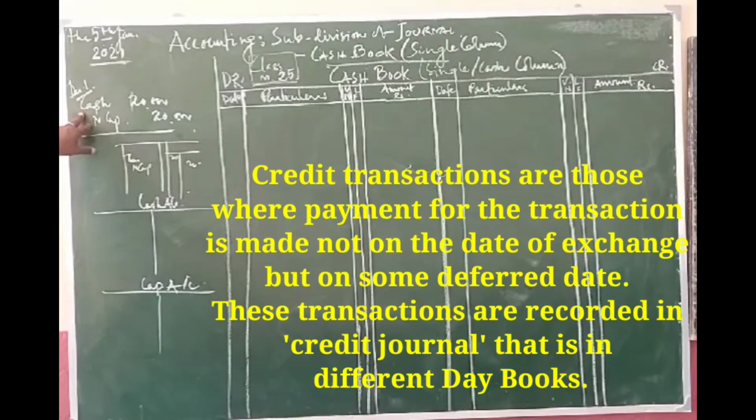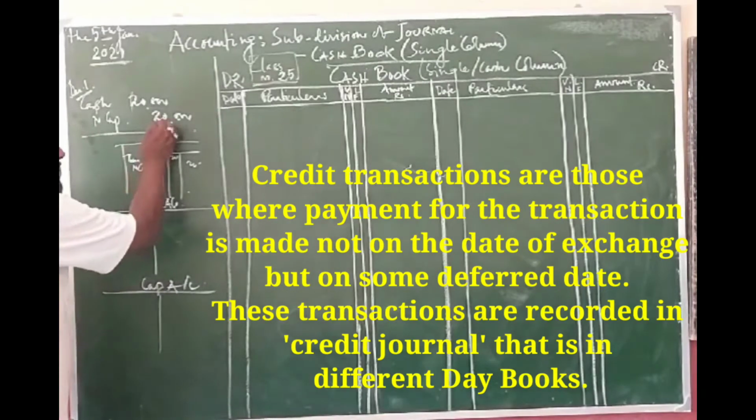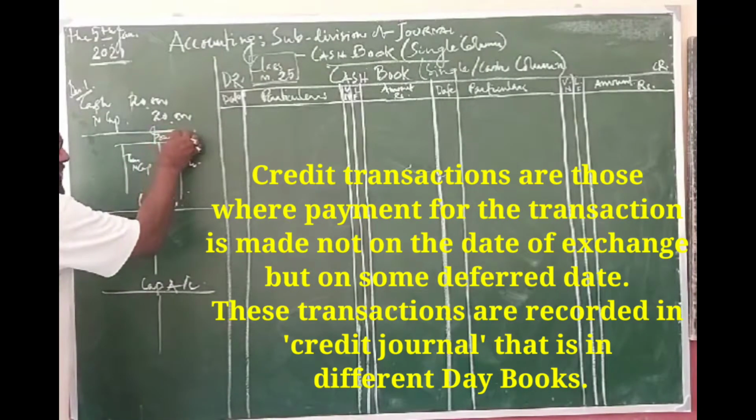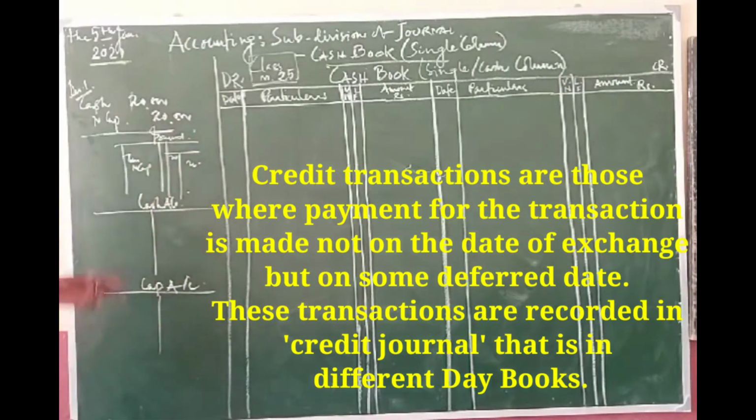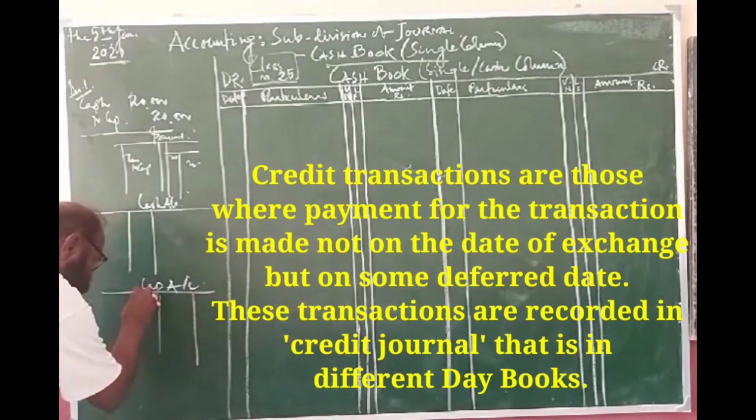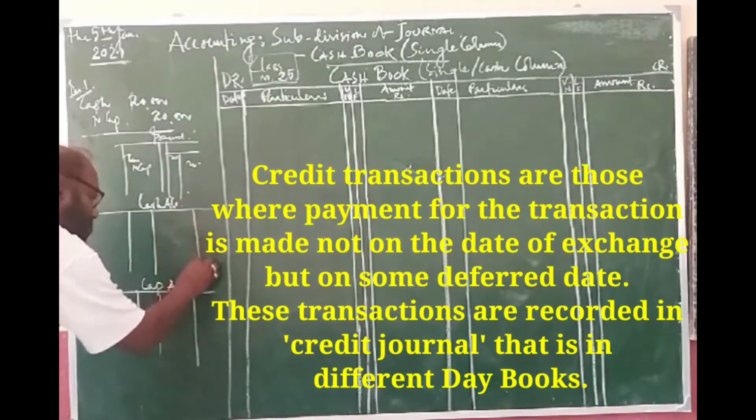So cash is coming in, cash account debit to capital. This is the first journal entry, and this is recorded in the ledger. So in the ledger, we have to prepare two ledger accounts, one cash and the other one capital.